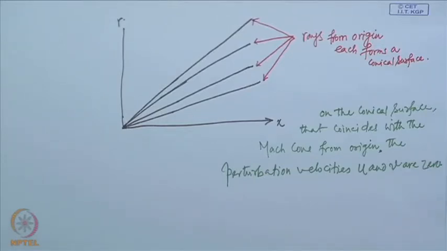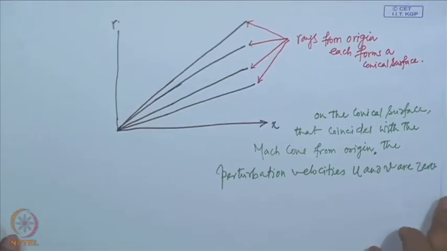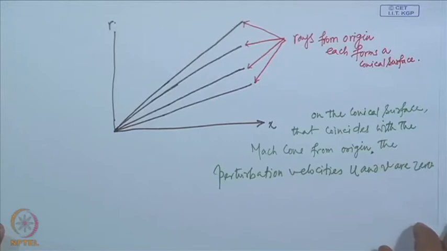Also looking at the expressions for u and v, we can see that the higher perturbation velocities are near the axis and smaller perturbation velocities are away from the axis.